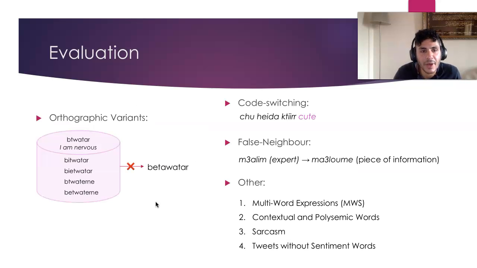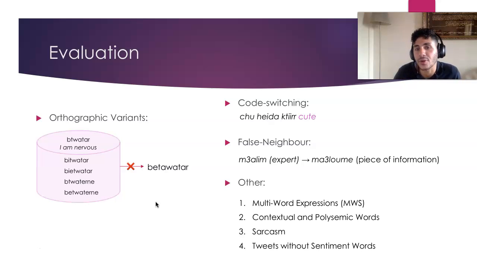The main type of errors were where the word is an orthographic variant that does not exist in the lexicon, and this shows that although we had a very large induction, the sparsity is so large that it is still not encompassed in a single induction or in this lexicon.